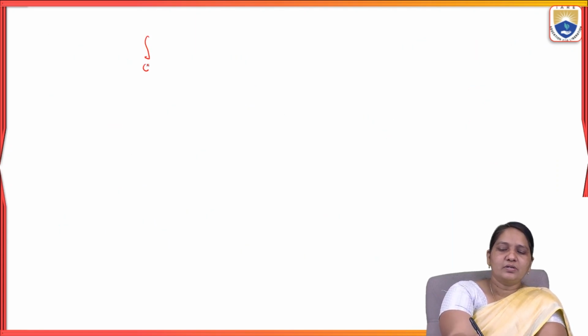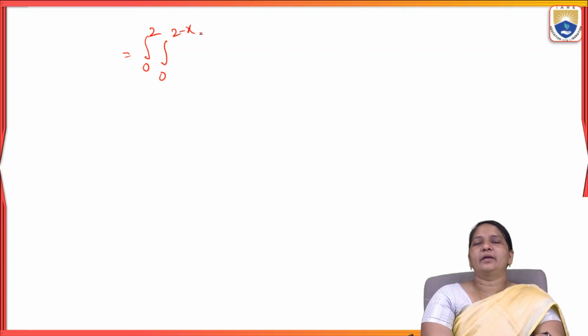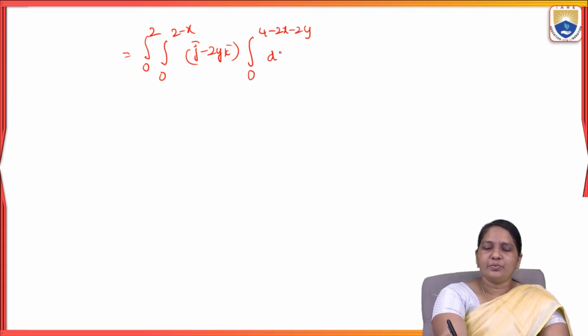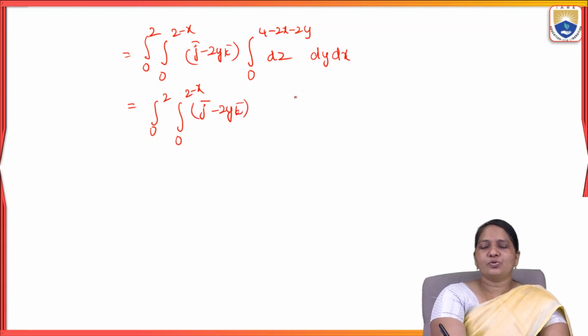So integral 0 to 2, integral 0 to 2 minus x, j bar minus 2y k bar into integral 0 to 4 minus 2x minus 2y into dz dy dx. Now here j bar minus 2y k bar is the constant, so integral dz is z.